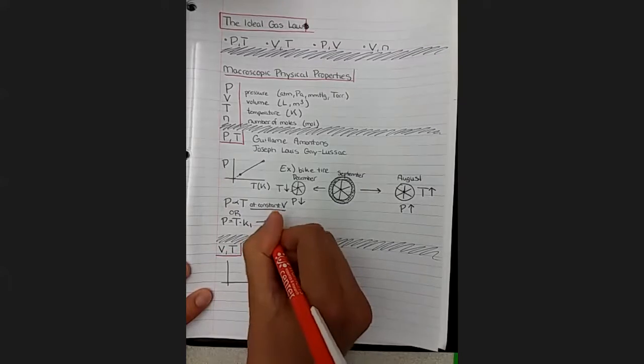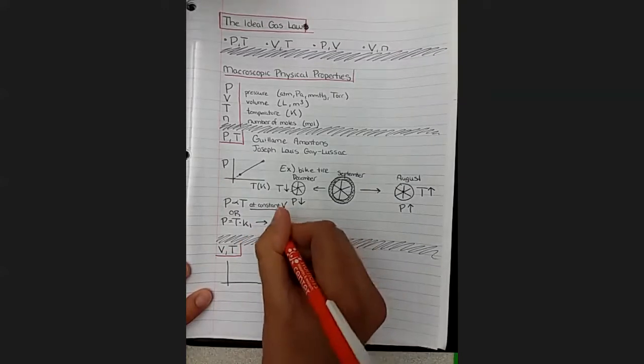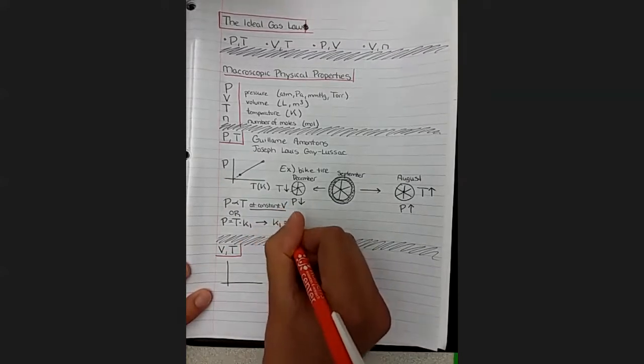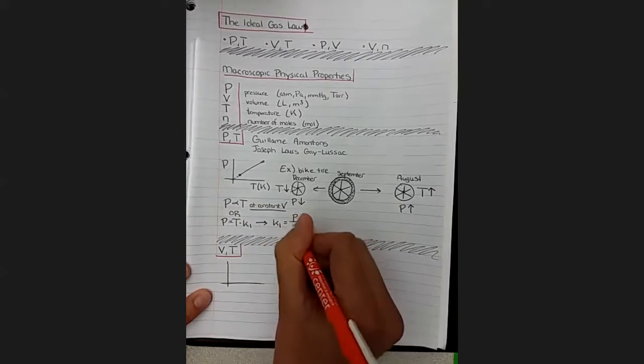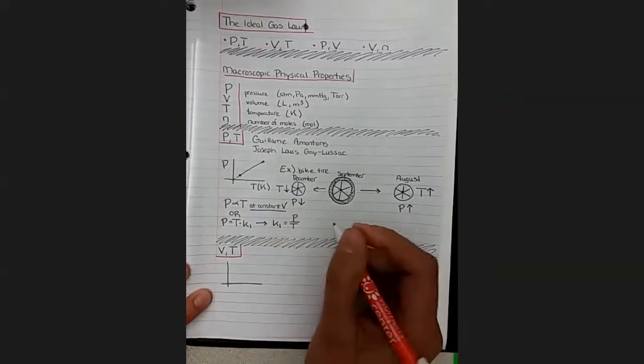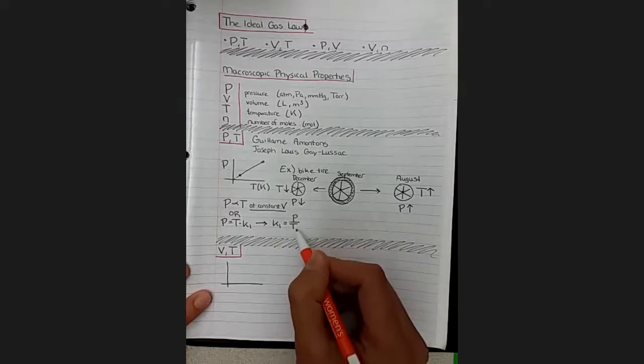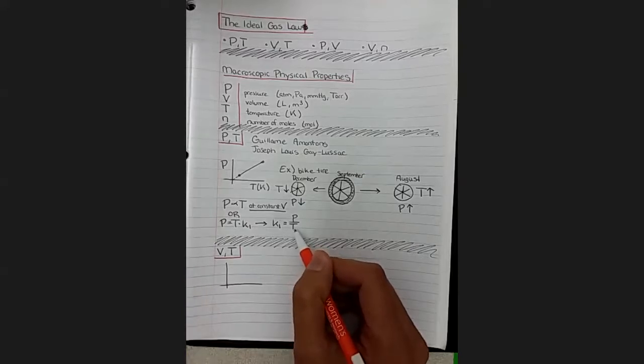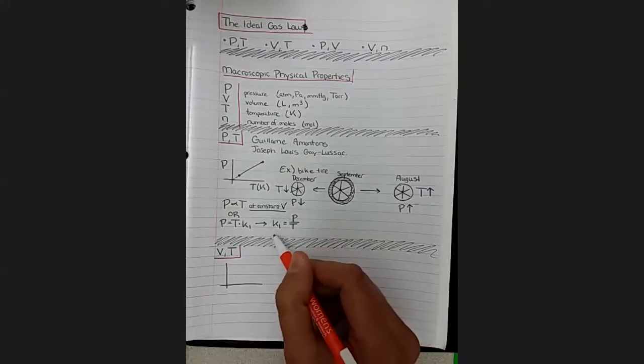And if we rearrange this to put the constant on one side by itself, we have the constant equals pressure divided by temperature. And so here, pressure and temperature are on the same side of the equal sign, one on the top and one on the bottom. They are still directly proportional. If you increase one, you have to increase the other for this constant to remain constant.